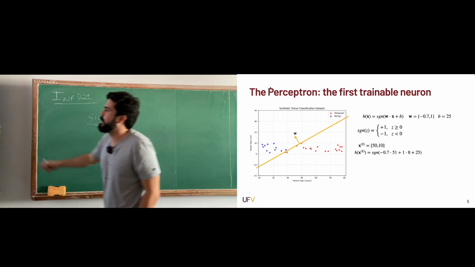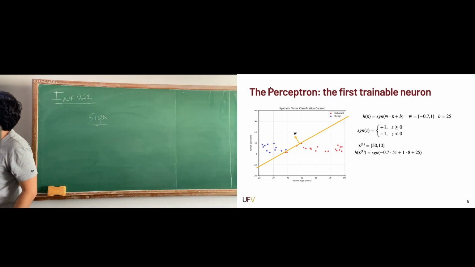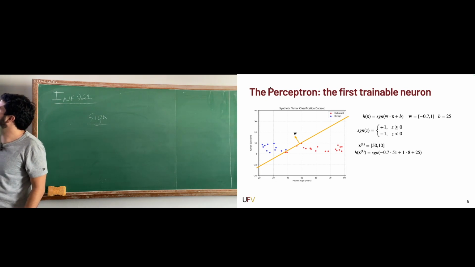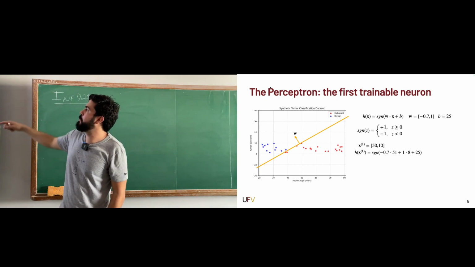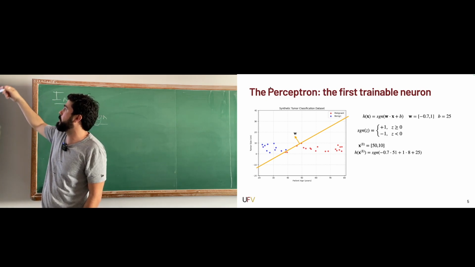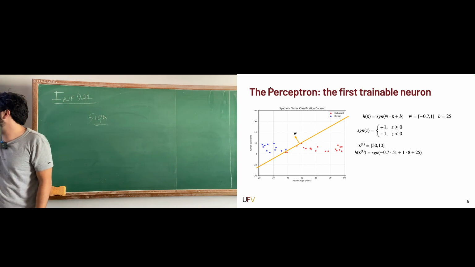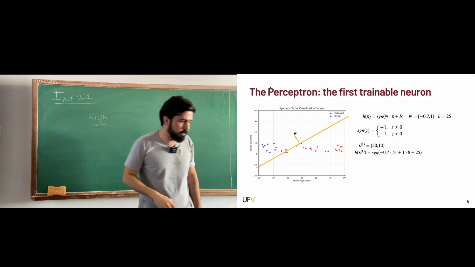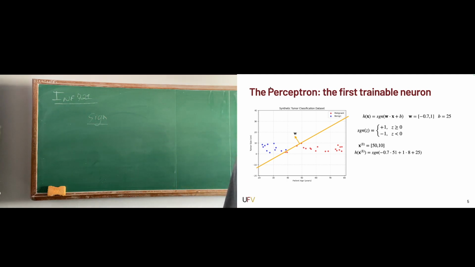I actually put a different number here. So this would be 51 and 8. I think this is the point I was meaning to write here. So x1 would be 51 and 8. If you do W dot X, remember this is the dot product between W and X, you would get -0.7 times 51 plus 1 times 8 plus 25, which is the bias term.